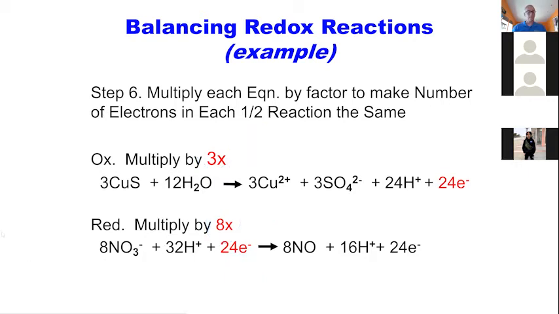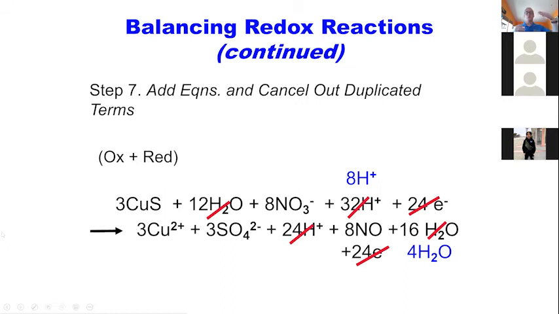Then we add them both together. We take our oxidation and our reduction, put all the reactants on one side and all the products on the other side, and then we start canceling out what's the same on both sides. We've got a lot of protons on both sides.